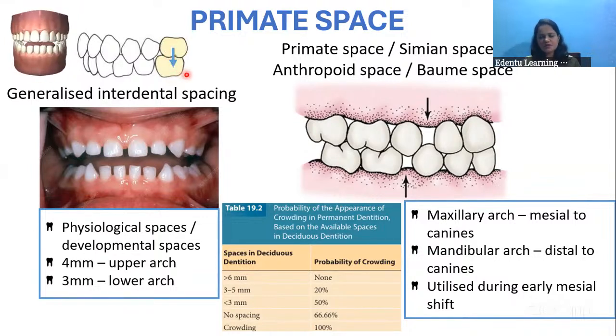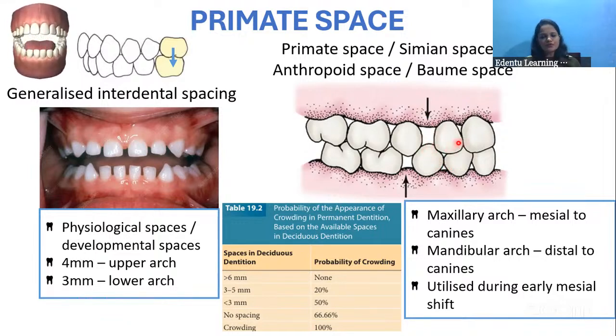That is called an ideal molar relation. You'll study more about this in your 4th year orthodontics, but here I'm just giving you the gist. To achieve this ideal molar relation, spaces like the primate space and leeway space are there to achieve this perfect molar relationship.